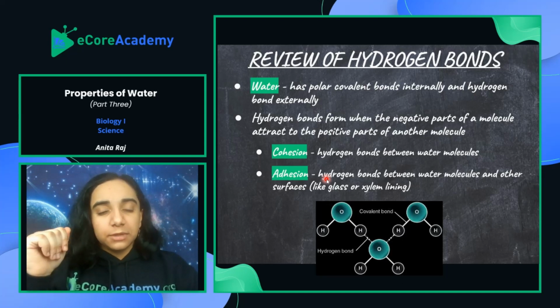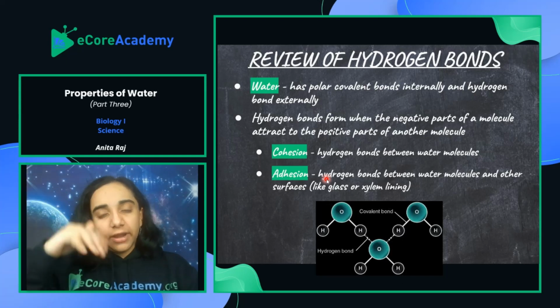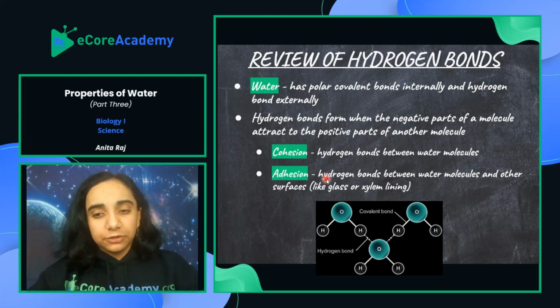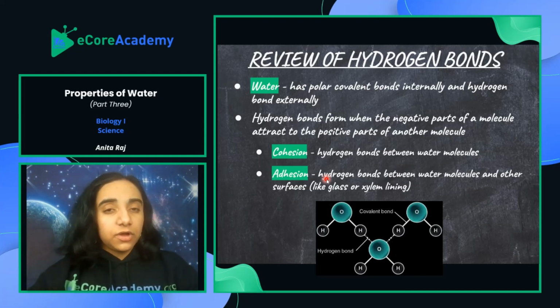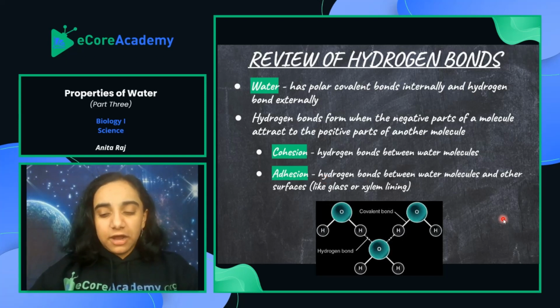That's why I wrote xylem lining. Because they're attracted to that, they're going to climb their way up until they reach the leaves, or whatever location they need to reach. So these water molecules are forming hydrogen bonds with other surfaces such as the glass or the xylem lining. That's your review of hydrogen bonds.